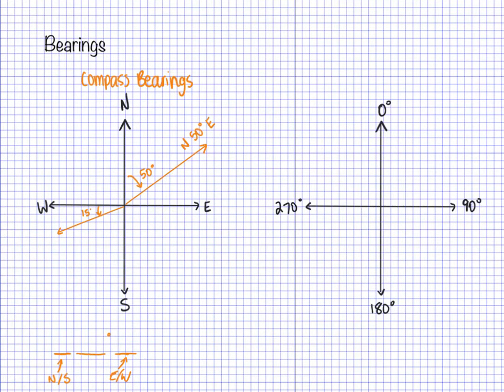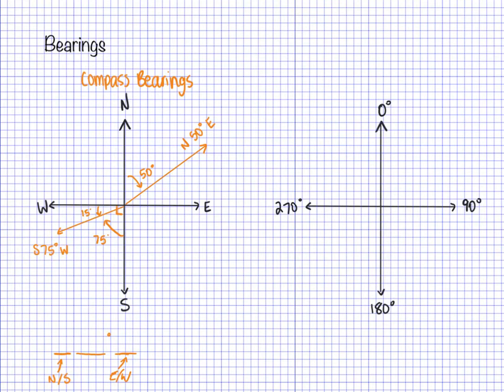Even though that angle is going from the west, in compass bearings we always work from north or south. I know that this is a right angle. If we've gone 15 degrees from the west down, then this angle here must be 75 degrees to make that a right angle. So this compass bearing here must be south 75 degrees west.